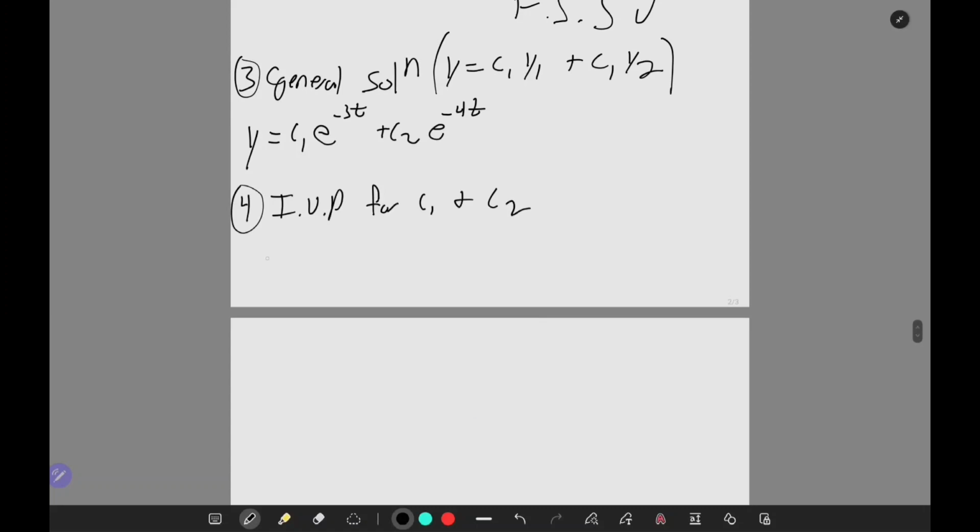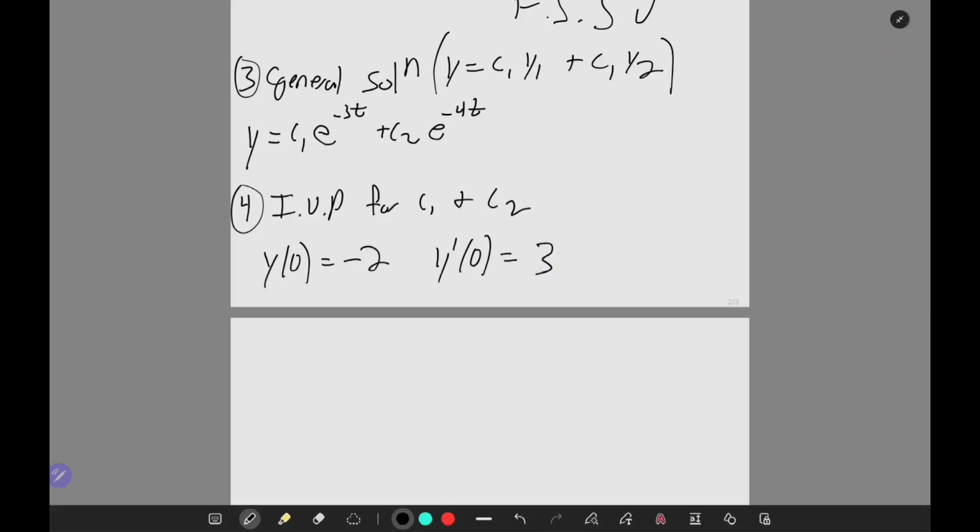Say we were given y naught, y of 0 is equal to negative 2, and y prime of 0 is equal to negative 2. Did I copy that down wrong? Hold on. I believe this is supposed to be a 3.